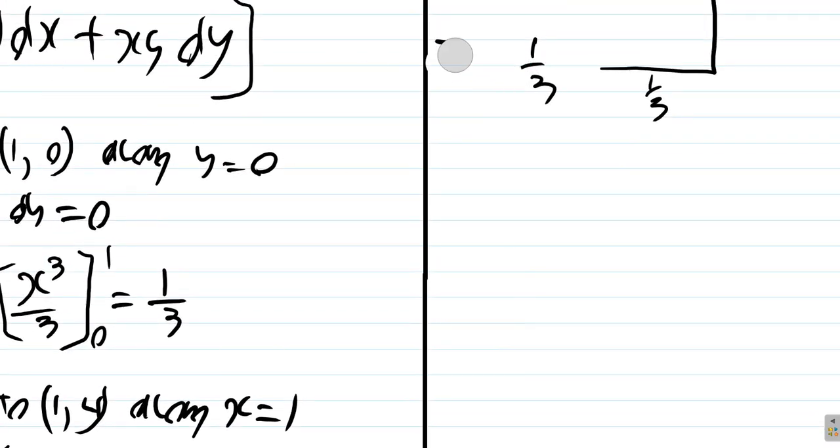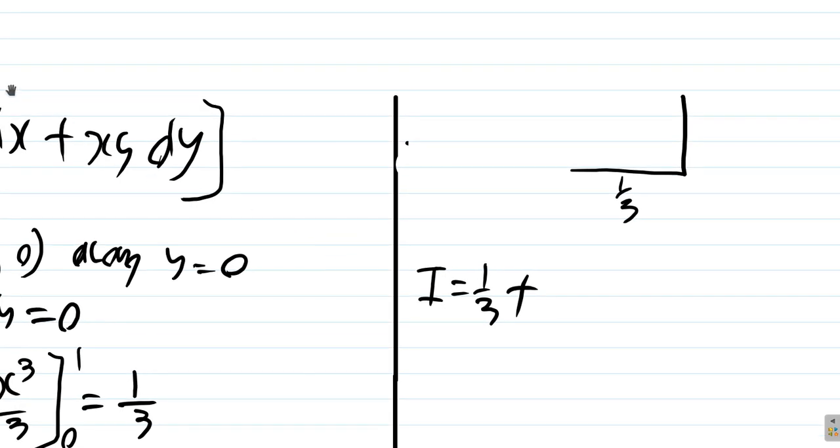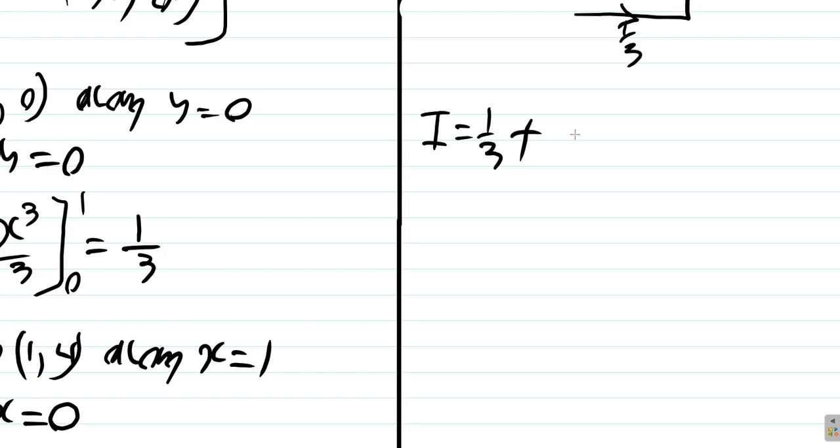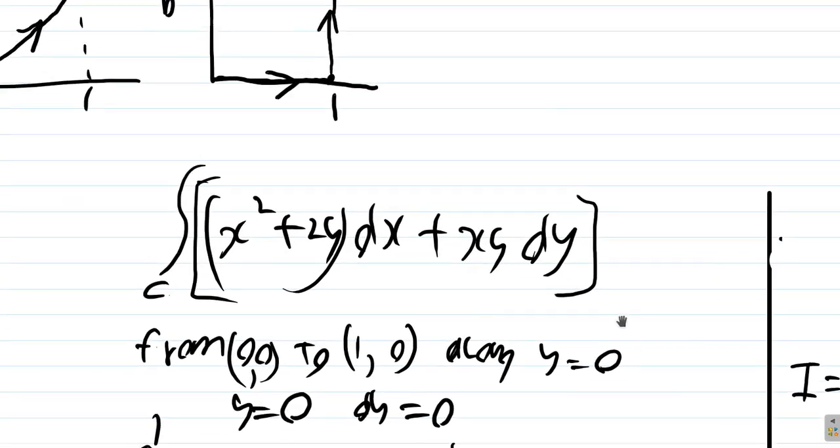Let me write this further down and draw the graph beside it. So 1/3 plus 8 is 8 and 1/3. That's 8.333 and so on, but 8 and 1/3.